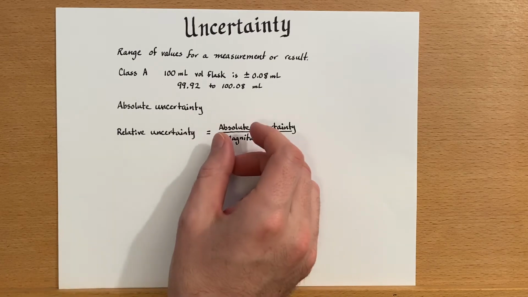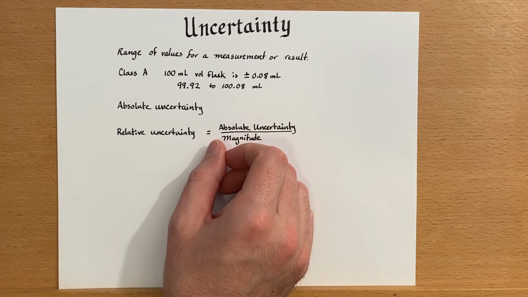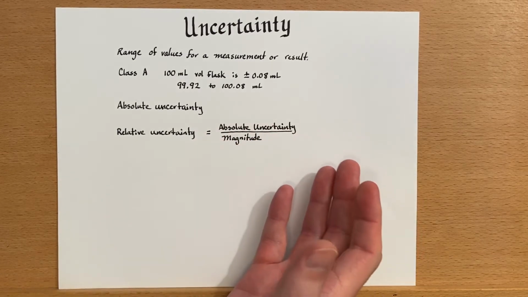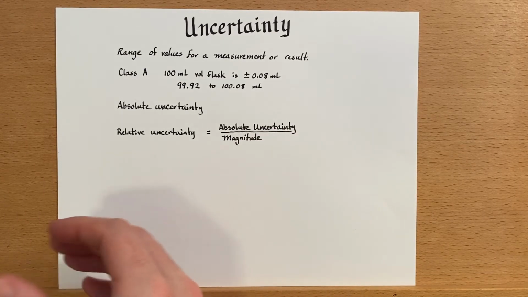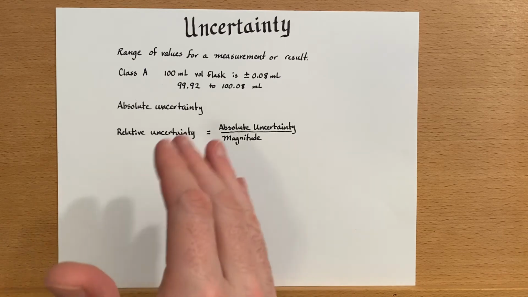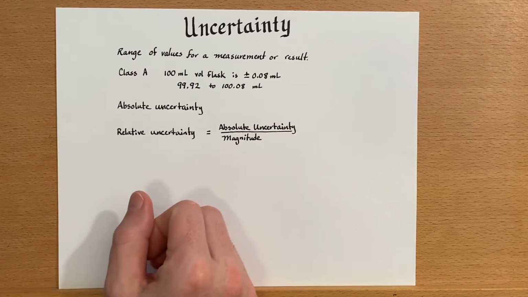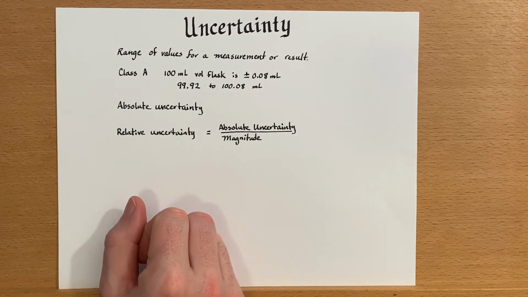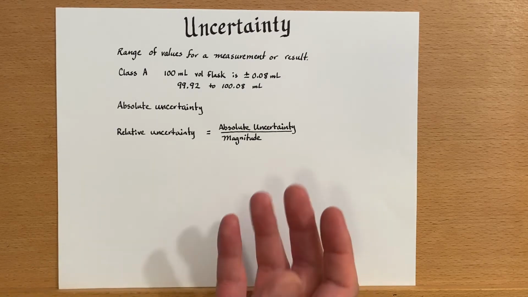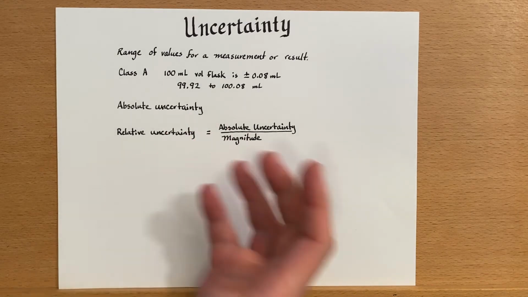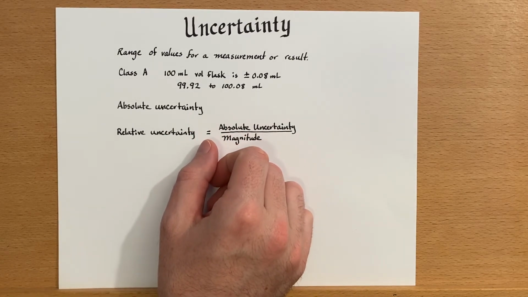The standard way to do that is to weigh the flask before, so a dry flask, put it on a scale, weigh it, fill it to the mark, weigh the flask again, and then use the density of water and whatever else we need to calculate what was actually contained in that flask.